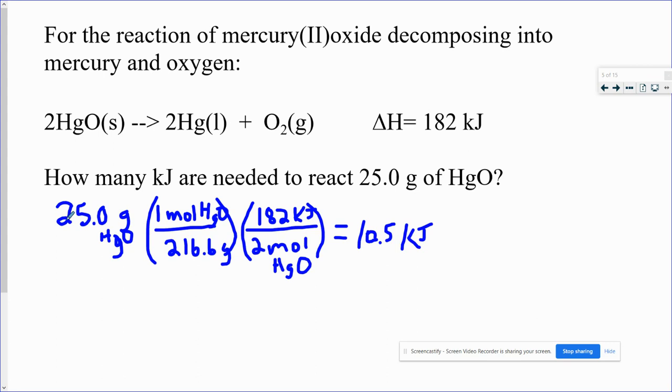So now I'm starting with my 25 grams of mercury(II) oxide. I need the molar mass of that to get to moles. Always have to go to moles. Remember, mole is the goal. So I divide by the molar mass to get to moles. And now my mole to heat ratio, there's 2 moles of HgO to 182 kilojoules.